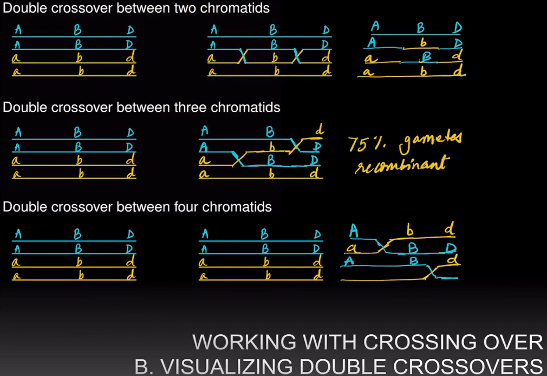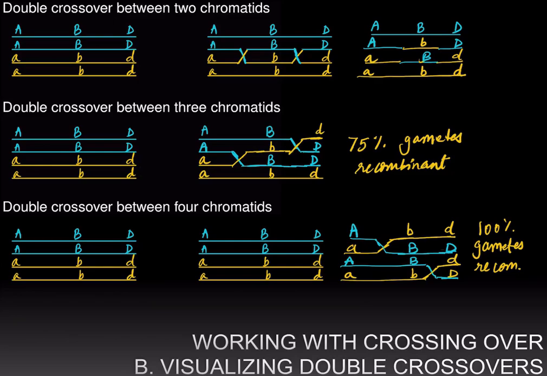And the last one is going to be little a, little b, big D. And this is 100% gametes are recombinant.